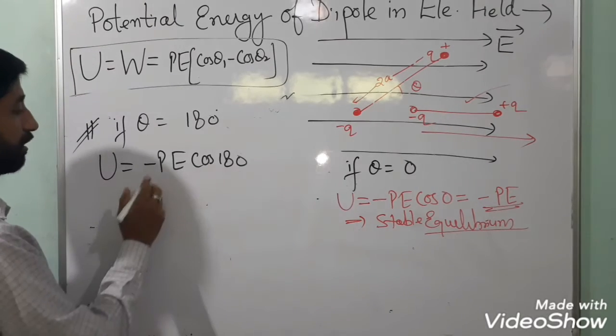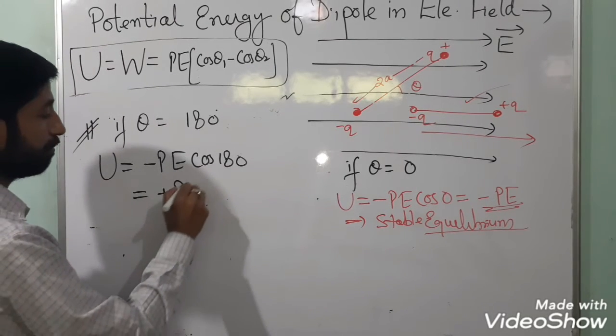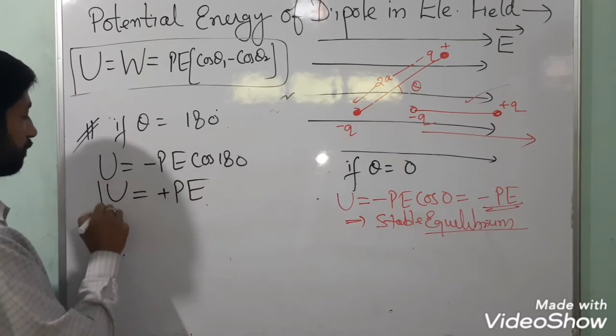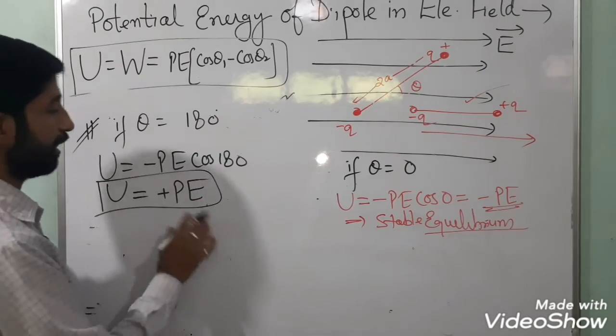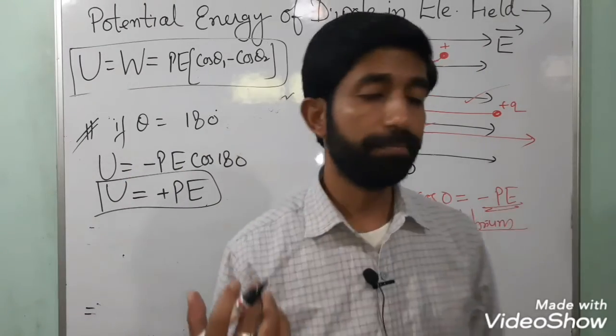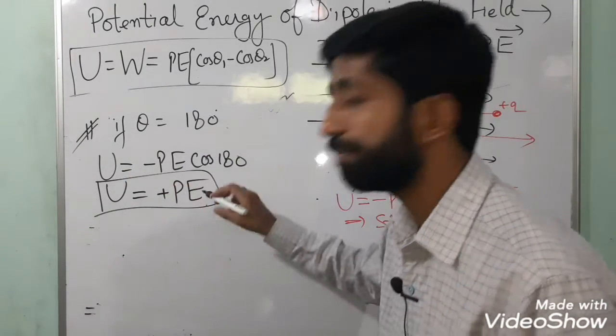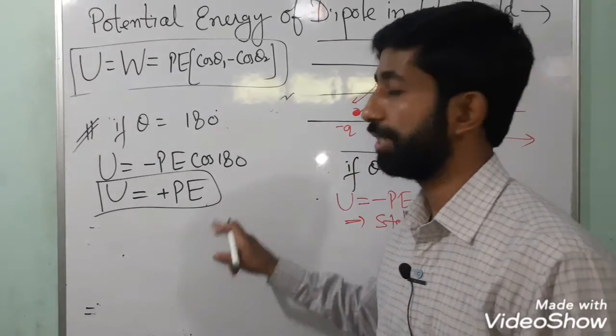So minus times minus 1 is simply plus PE, and plus means maximum, so this is the maximum potential energy.